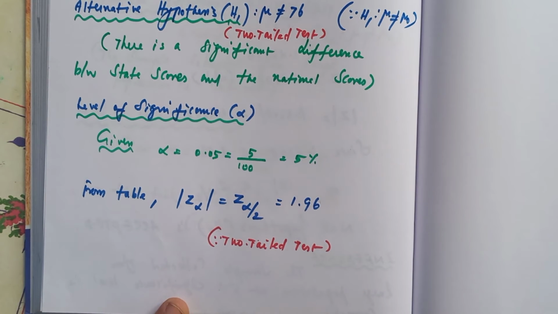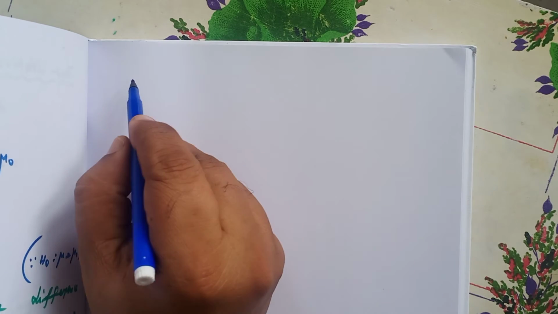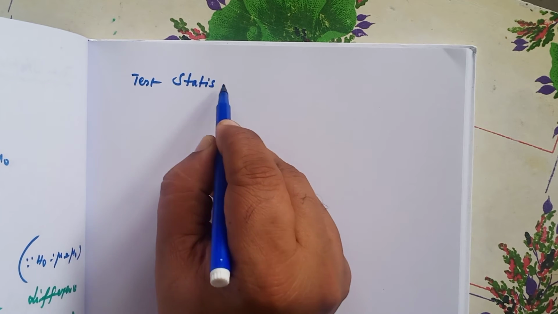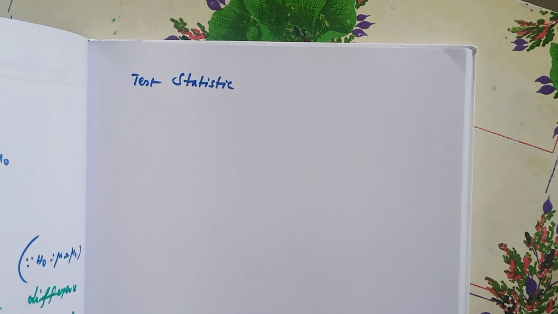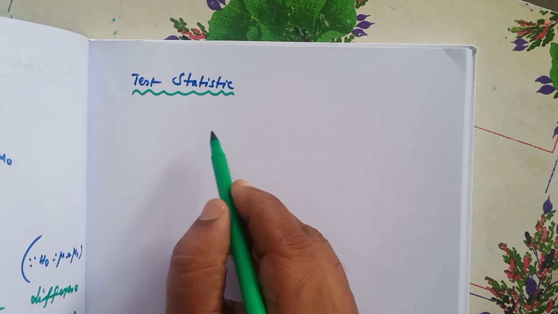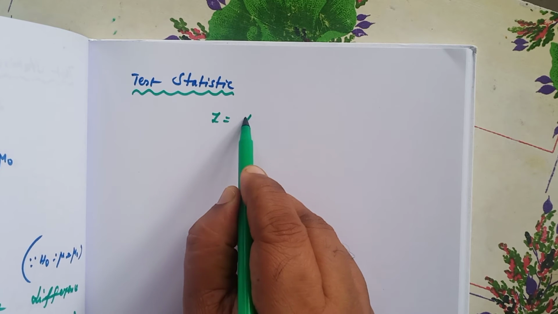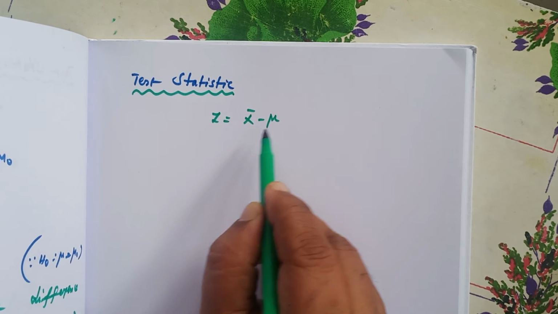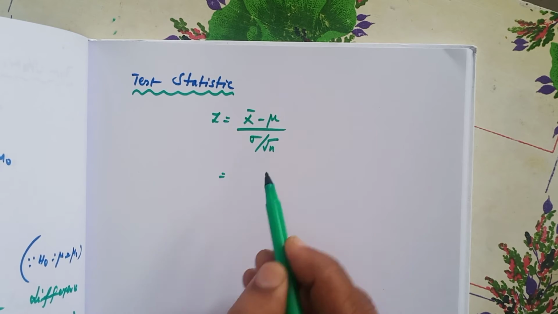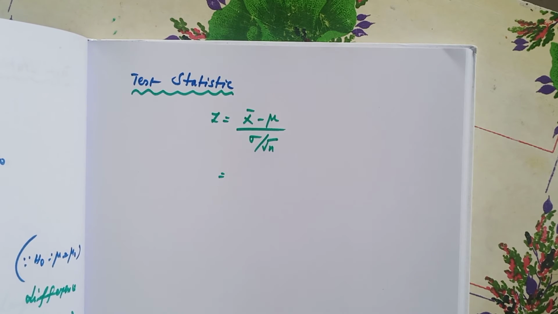Now we can get into the next stage, that is the test statistic. That can be verified using the formula Z equals x bar minus mu divided by sigma by root n.